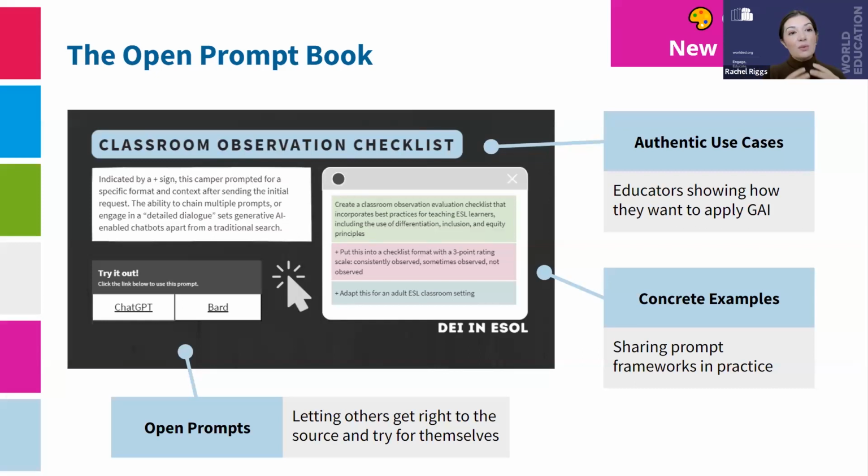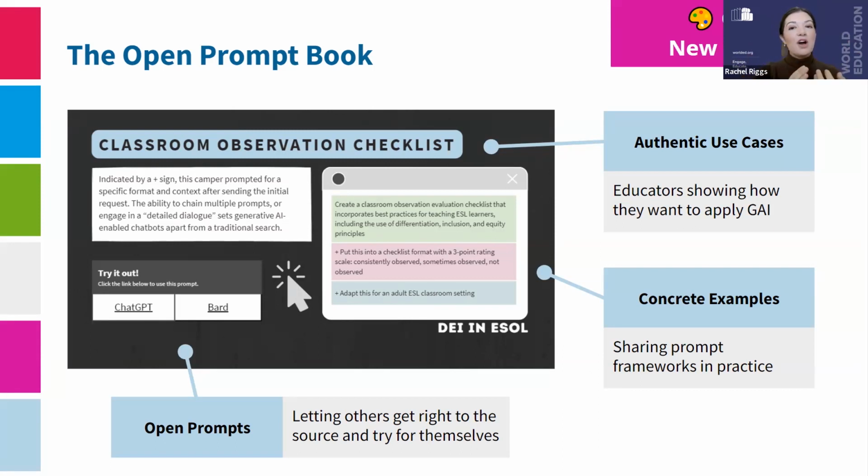And then finally, we're publishing all of these as open prompts, not all of them, actually. I should say that we're publishing a selection of the prompts in the prompt book as what we're calling open prompts. And the idea behind this is to get at, when we're creating new content using generative AI, how do we go a step further in that reuse and reusability?